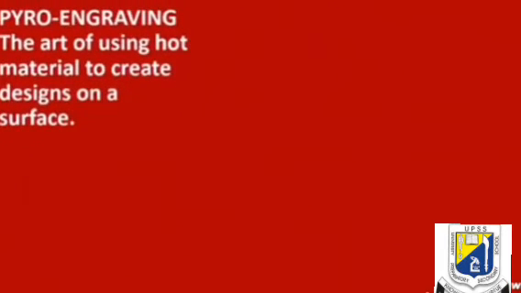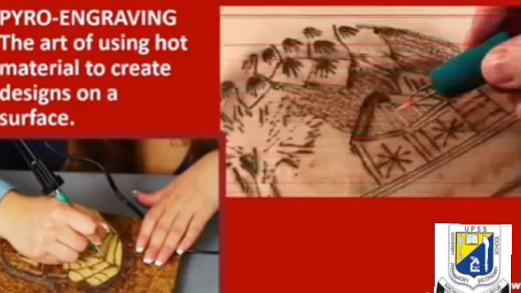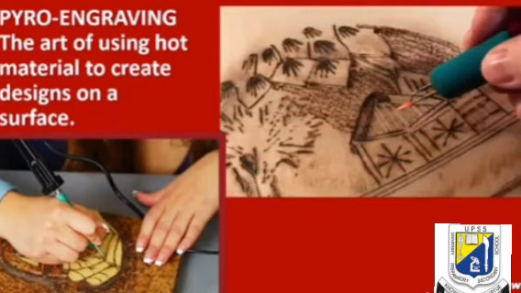And the next word is pyroengraving. Pyroengraving, the art of using hot materials to create designs on a surface. As you can see on these drawings, materials are being drawn on using hot tools like hot metal to portray diagrams.